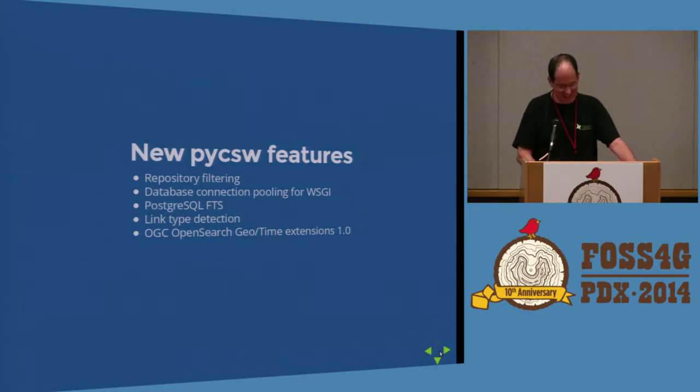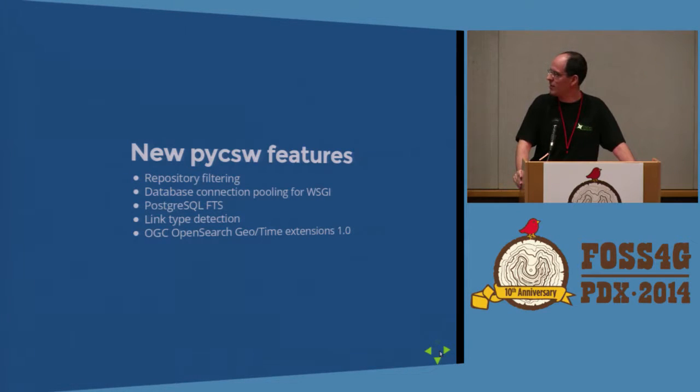Also, the last addition to our features is that we are the first to implement the OGC OpenSearch Geo and Time extensions, because it happened about 2 months before we released, and it was something that people wanted.